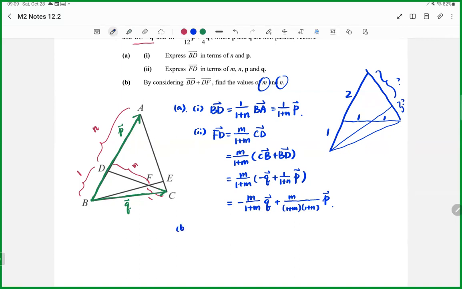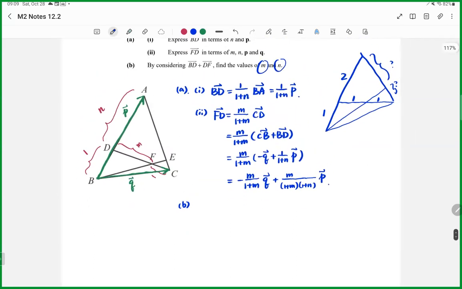Now, obviously, there are other methods, but here, by considering BD plus DF, we express in terms of M and N. BD plus DF equals BD plus DF, which is the negative of FD. So BD minus FD.